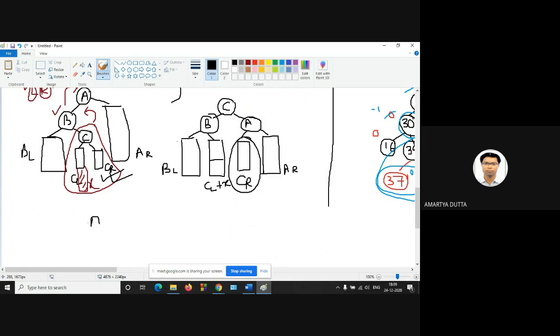Should I explain this RL? Yes, sir. Sir, in this, LL will come first, then RR. In RL, first LL then RR. So A, this is your node, B, this is your, sorry.